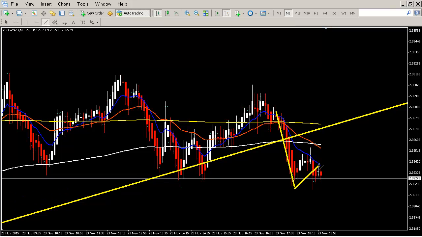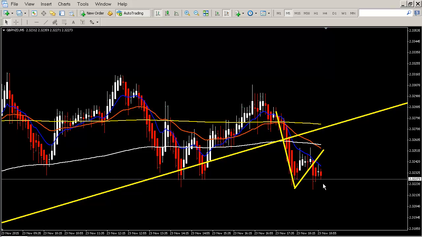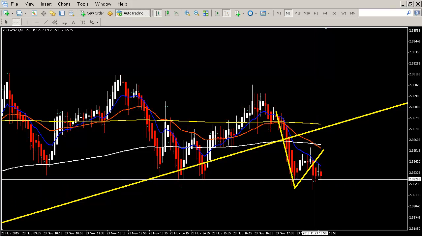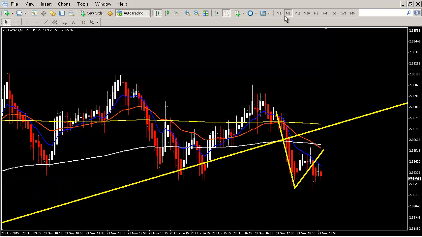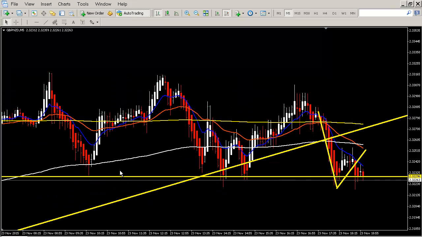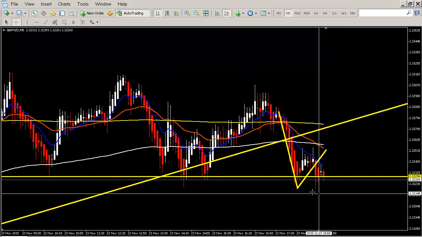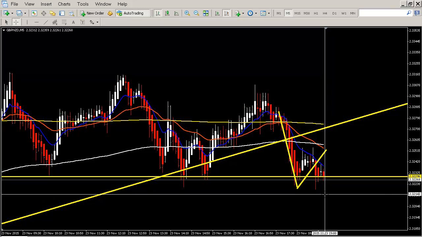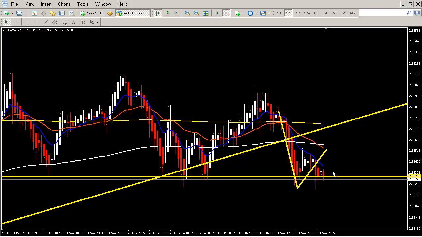What we don't have yet is an entry. Why not? Because price did break the 2 to 3 line, but the second candle did move a little bit lower. What we also are not too happy about is this: we have a lot of horizontal support in this area, so an entry down here would be kind of a confirmation, but we also have a lack of volatility.